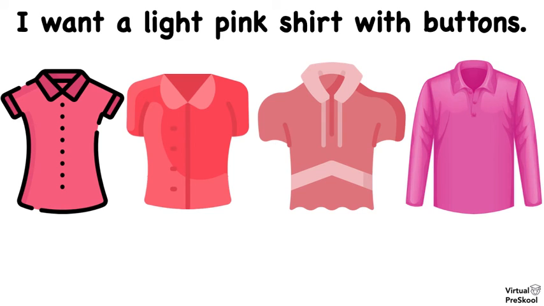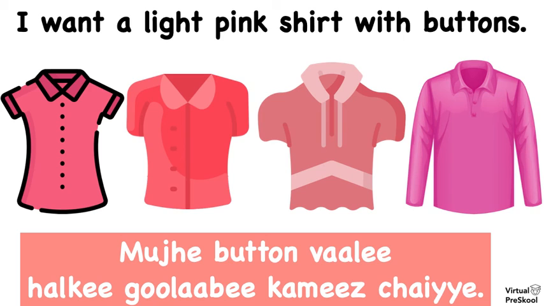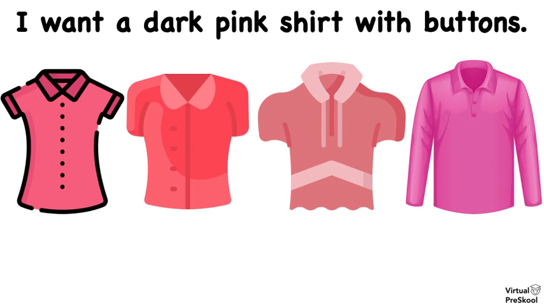We're going to do light for this one. I want a light pink shirt with buttons. All right, let's look at the answer. मुझे बटन वाली हल्की गुलाबी कमीज चाहिए.